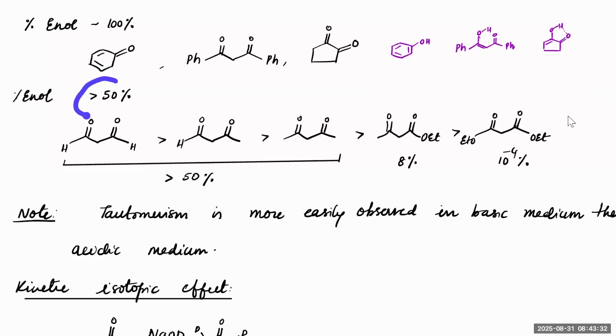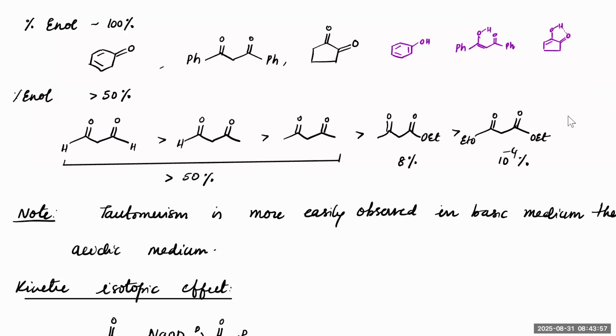Now, if you compare the percentage enol, it will be greater than 50 percent. So check it out: simple aldehyde, dialdehyde, and beta ketoaldehyde, beta ketones, diketones, beta esters, and beta diesters.